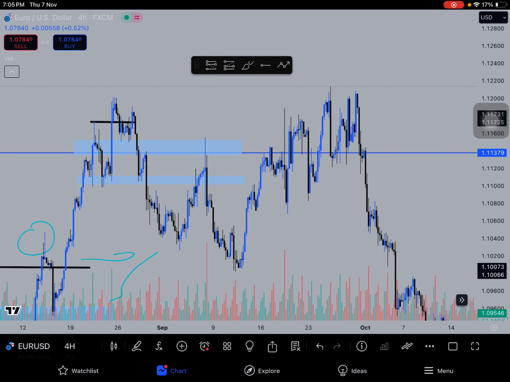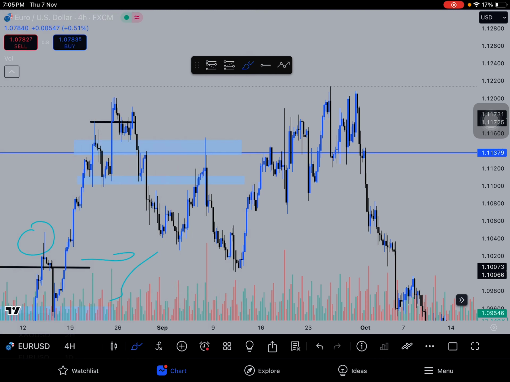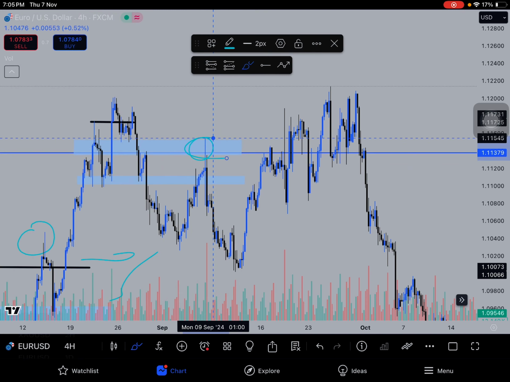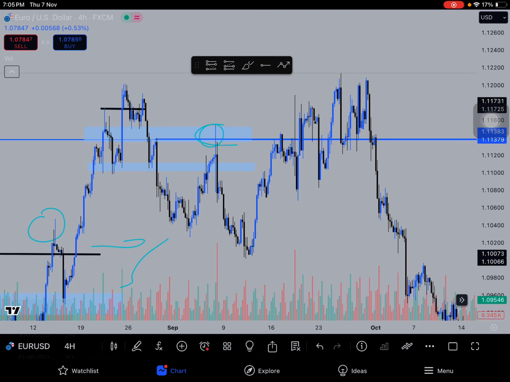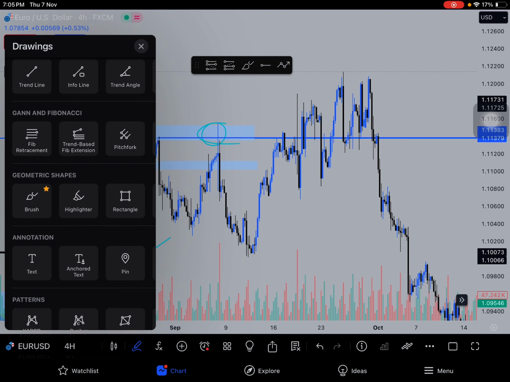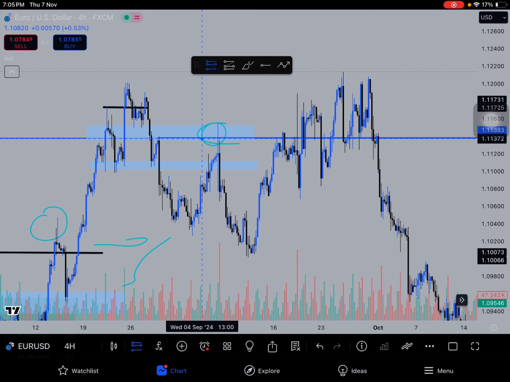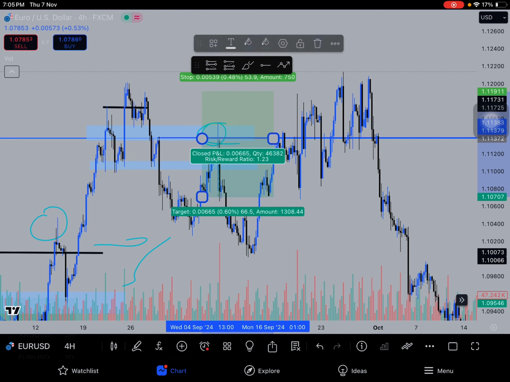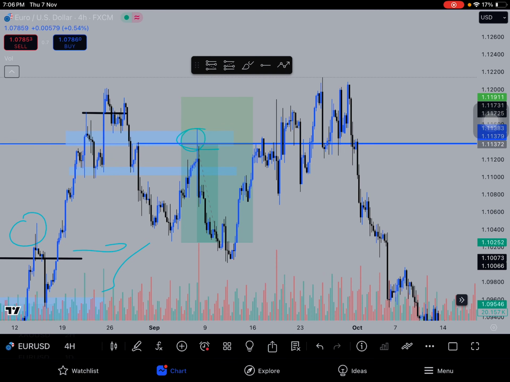The price went back and tapped into the resistance here, and from there, after a confirmation, we're going to take the short position from here.